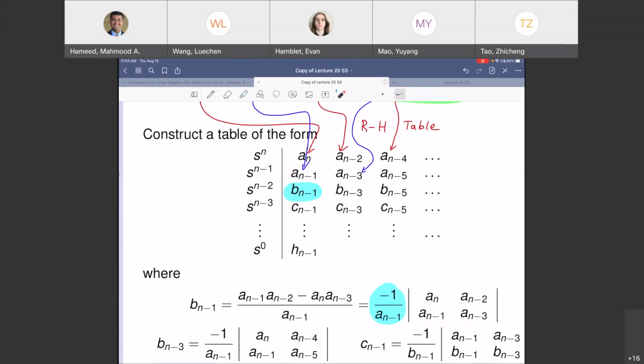What is that? Let's see. a_n right here, a_n minus 2 right here, a_n minus 1 right here, a_n minus 3 right here. So instead of having all of these red lines, let me just box it up.